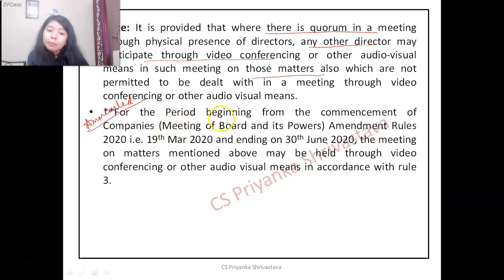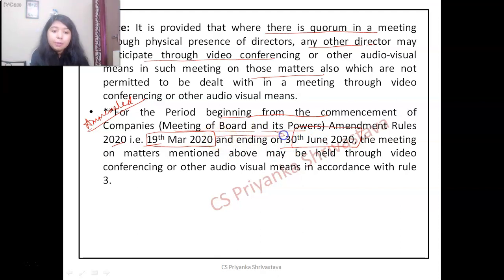The next thing is the amendment. For the period beginning from the commencement of the Companies (Meetings of Board and its Powers) Amendment Rules, so this basically begins from 19th March 2020, the date of lockdown if you remember, and ending on 30th June 2020.